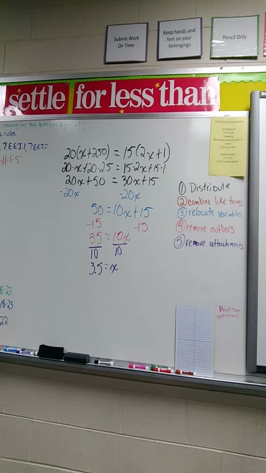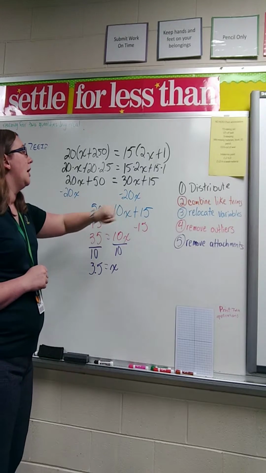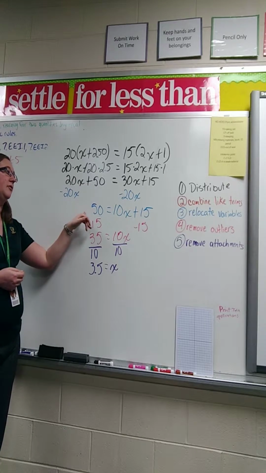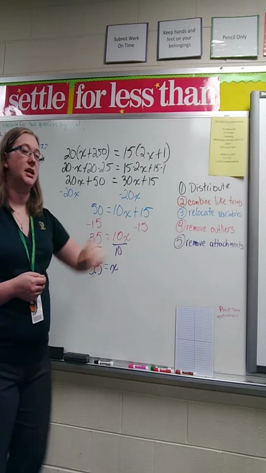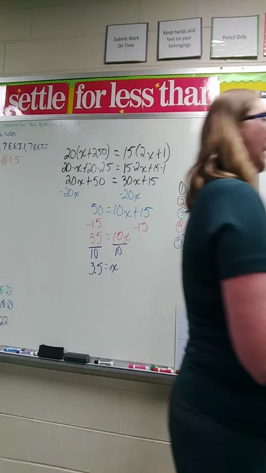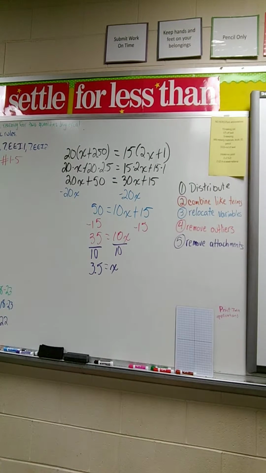So then, we relocated our variables so that we only had a variable on one side of our equal sign. To do that, I subtracted the 20x from the left and on the right, leaving me with 50 equals 10x plus 15. That's the format of our two-step equation that we're familiar with. Then I remove the outliers.